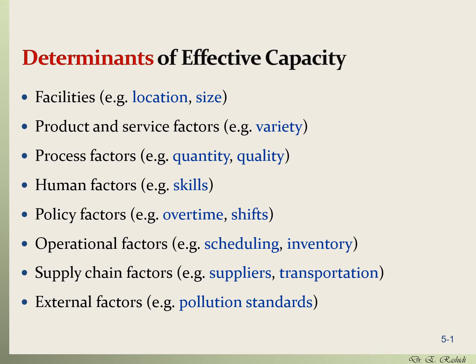If you don't have overtime working capability or allowances, if you're not allowed to work overtime, then that's going to restrict the capacity of your system. Also, for example, the shift, or what is the policy of your organization regarding sustainability or any other types of policy. So those are determinants of effective capacity.